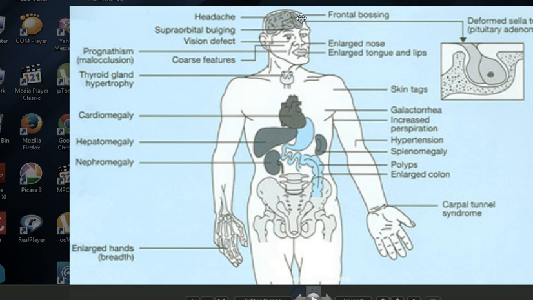There are also changes in the facial features in the form of enlarged tongue, macroglossia, and enlarged nose, enlarged lips, enlarged ears, coarse features actually, and also supraorbital bulging.